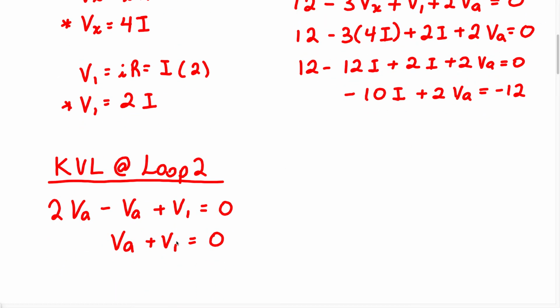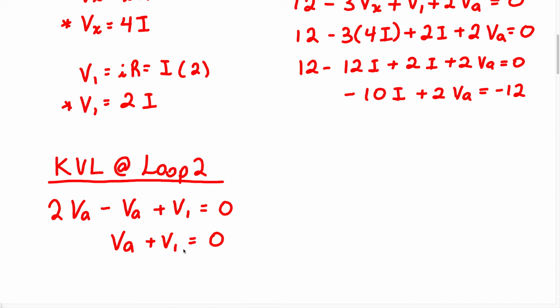Now these don't look the same, right? Usually once you have a situation where you have two equations and you have the same two unknown variables, all you have to do is use systems of equations. Now you might look at this and say, well, this isn't the same, so we have to write another KVL equation. But that's not true. I want you to keep track and be very mindful of what you're doing when you're solving these problems, right?